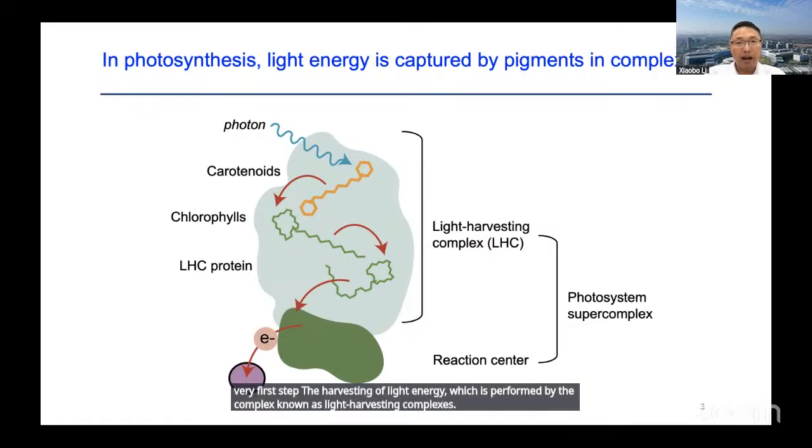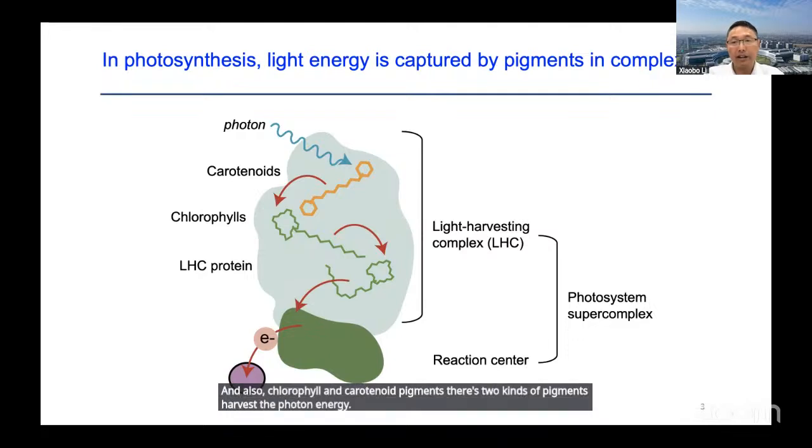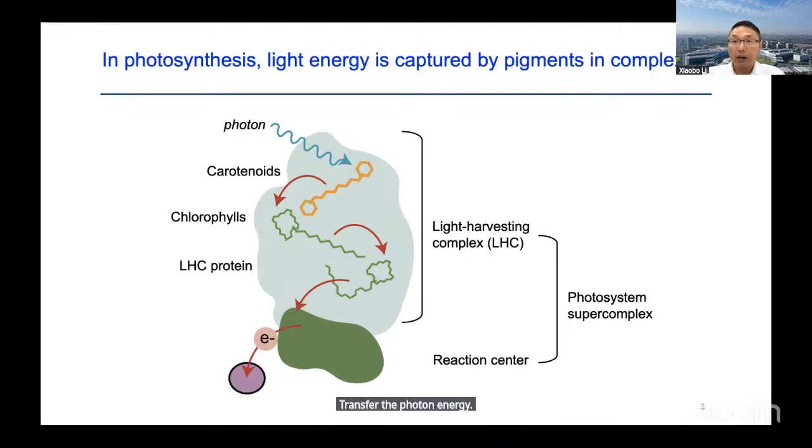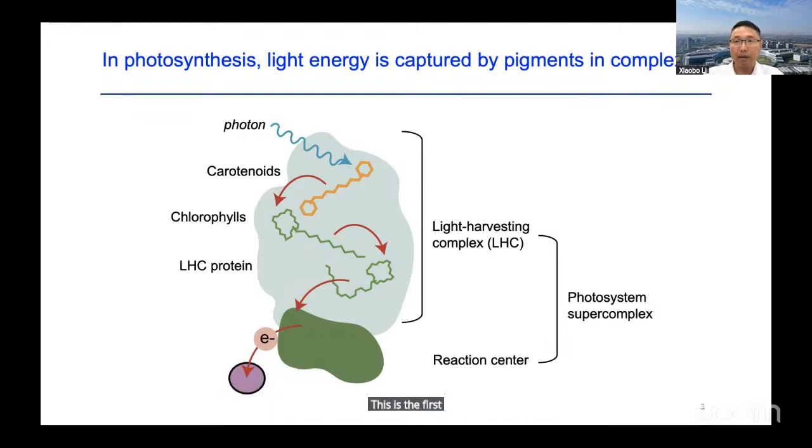In such a complex, there are structural proteins known as LHC proteins, and also chlorophyll and carotenoid pigments. These two kinds of pigments harvest the photon energy, transfer the photon energy to the reaction center of a photosystem supercomplex to enable chemical energy generation. This is the first step, and it's also a step where energy is lost very prominently.